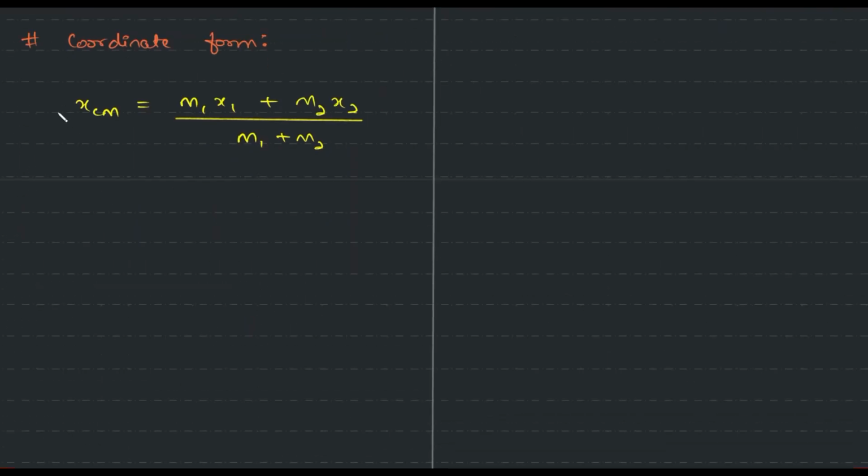Since it's one dimensional, I'm not using the vector representation. So M1 y1 plus, I'm not putting the arrow, that's all I meant. This is because direction is fixed now. It's either left or right, up and down. So this is to do with your two particle system.